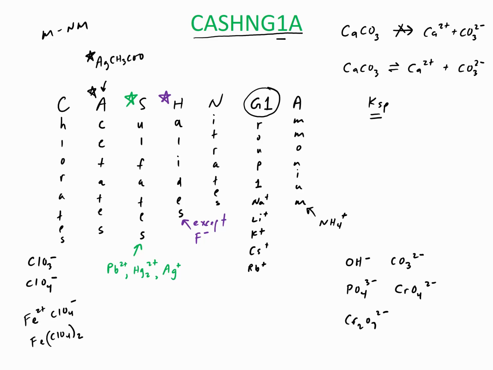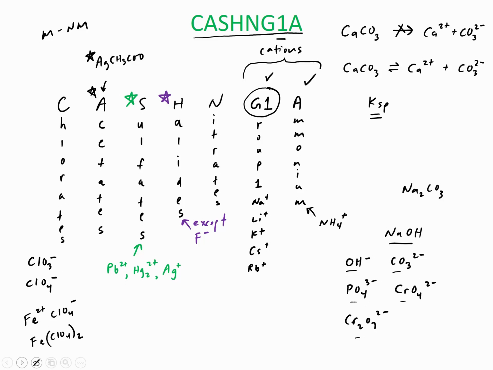Metal salts of these ions, and those are just some of the popular ones, are insoluble, except for group 1. If you have a group 1 hydroxide, that would be soluble. If you had a group 1 carbonate, that would be soluble. So these first ones are the cations, and the other part are the anions.